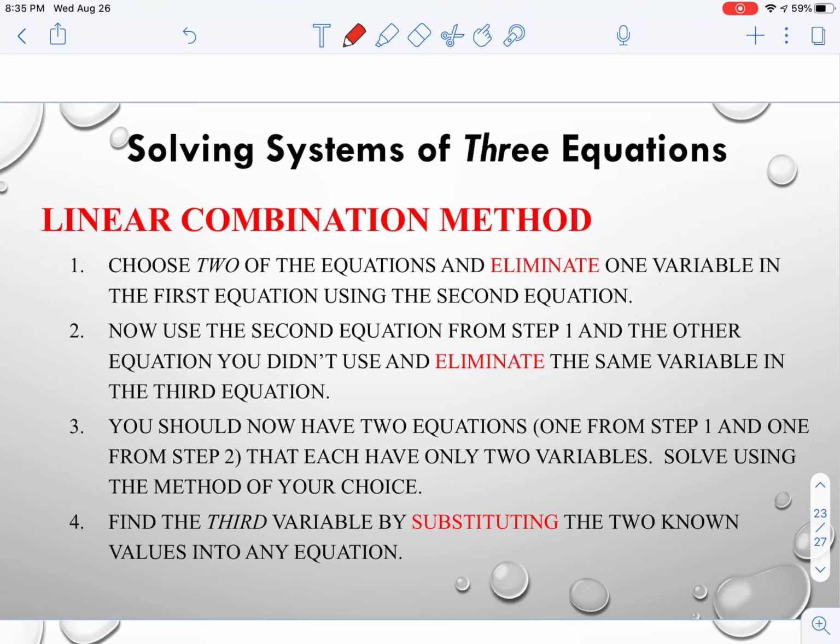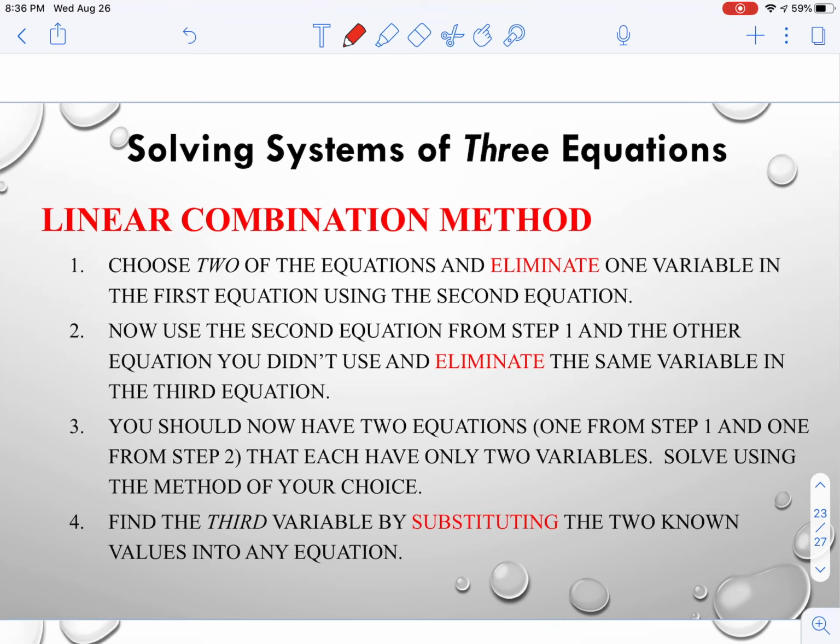And I'm going to do that twice. Maybe I'm going to use equation 1 to eliminate x in equation 2 and then use equation 1 again to eliminate x in equation 3. And what I would be left with then are two equations that only have y and z.